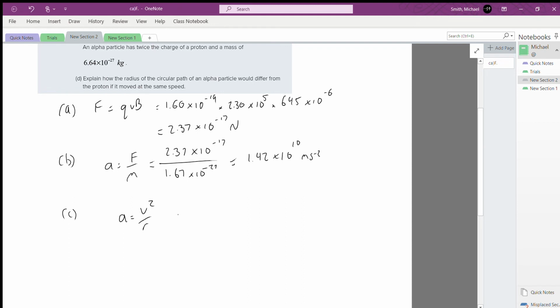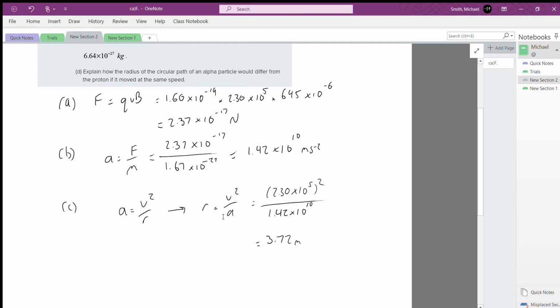We can just rearrange this easily enough to be r equals v squared on a, and now just substitute the values that we have. So 2.3 times 10 to the power of 5 all squared divided by the acceleration that we just calculated. And if we substitute that in, we should get 3.72 meters. That's not so bad either.